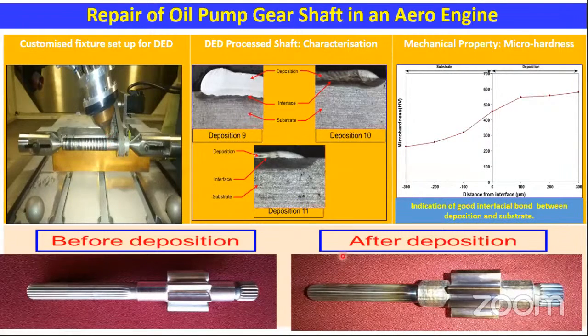Before deposition and after deposition, we need to do characterization, looking at the interface and trying to understand whether there are any microstructural changes in the parent material, HAZ, and so forth, and quickly assessing the microhardness at this interface to understand how good the interface is. These kinds of studies are routine in this repair application, and they have to be done at the sample level, and then finally with the optimized parameters, we would do it on the actual component level.